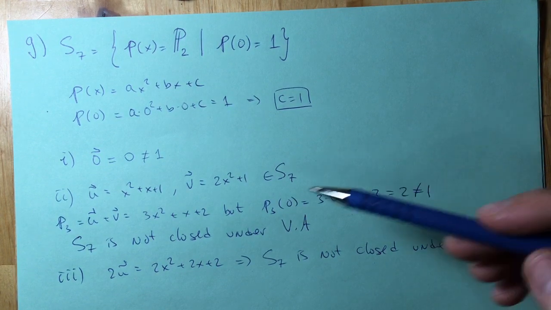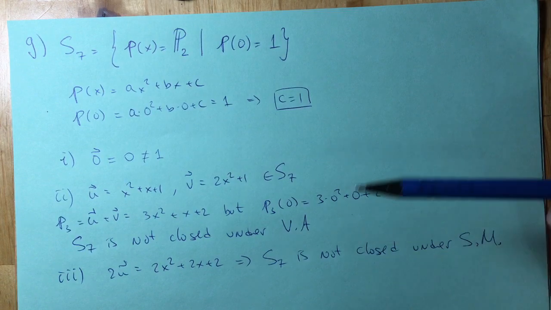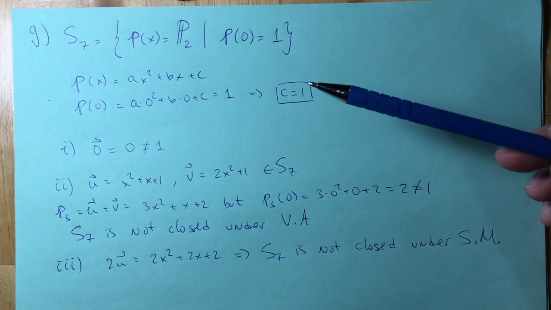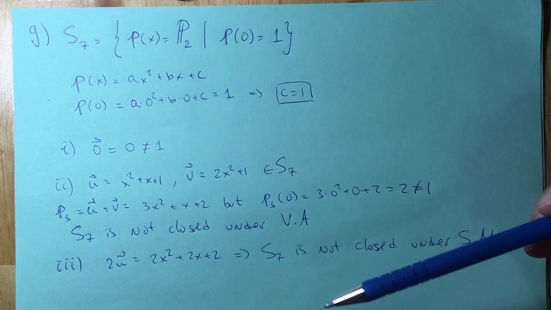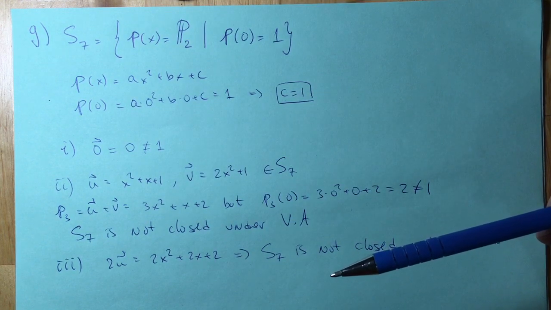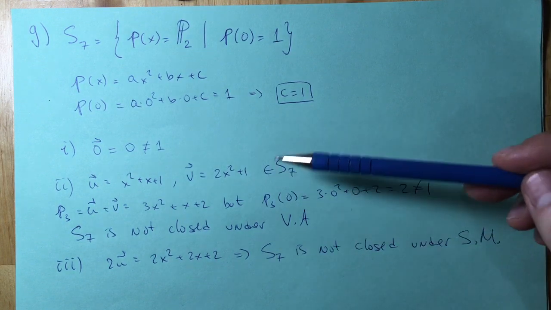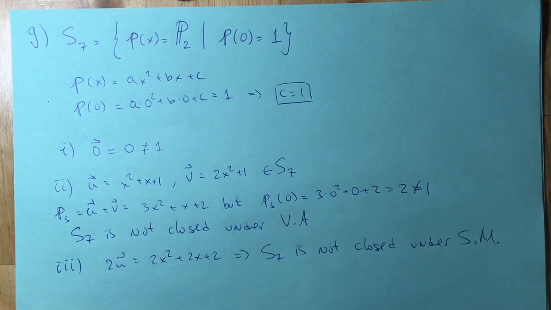Okay, the failure of any of these three conditions is sufficient to show that S7 is not a subspace, but we go over all of them in case the question on the test or on the final is actually going through each of these and checking whether they're satisfied or not.